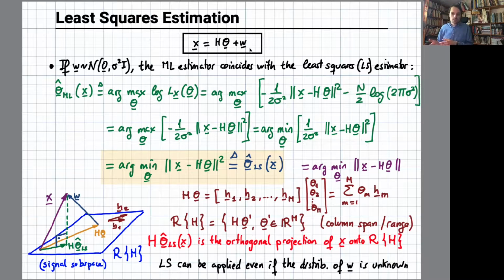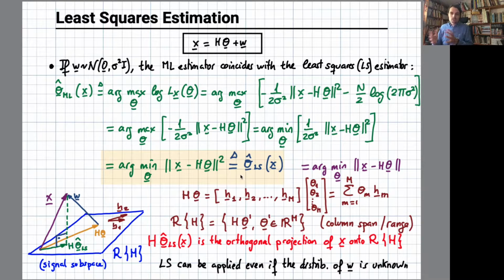But we can apply the BLUE, right? However, if we don't even know the mean and the covariance, at least we can go to least squares and we will obtain an okay estimator. Its warranties will be weaker, right? So the best linear unbiased estimator is, as the name says, the best among this class of estimators, and therefore, in principle, it will be better than just the plain least squares estimator, right?